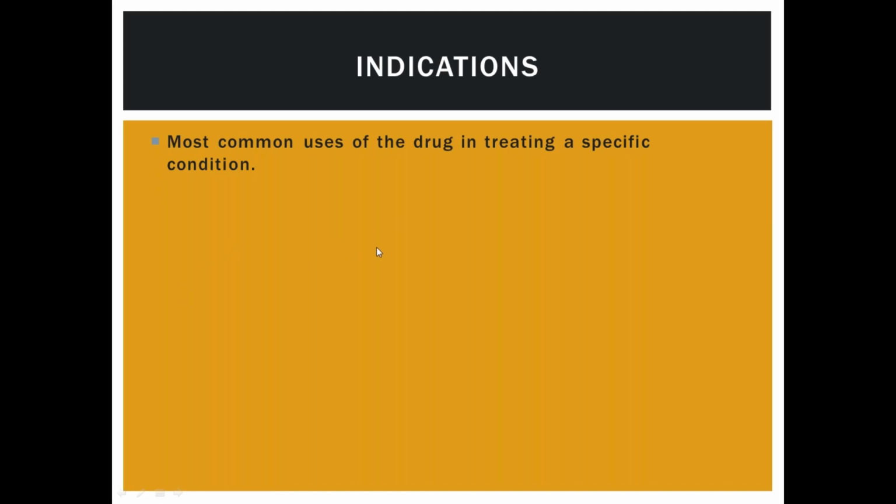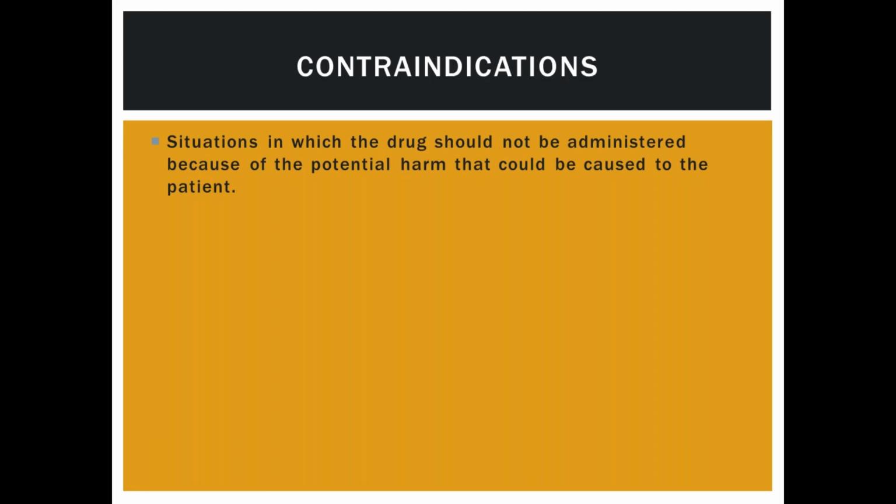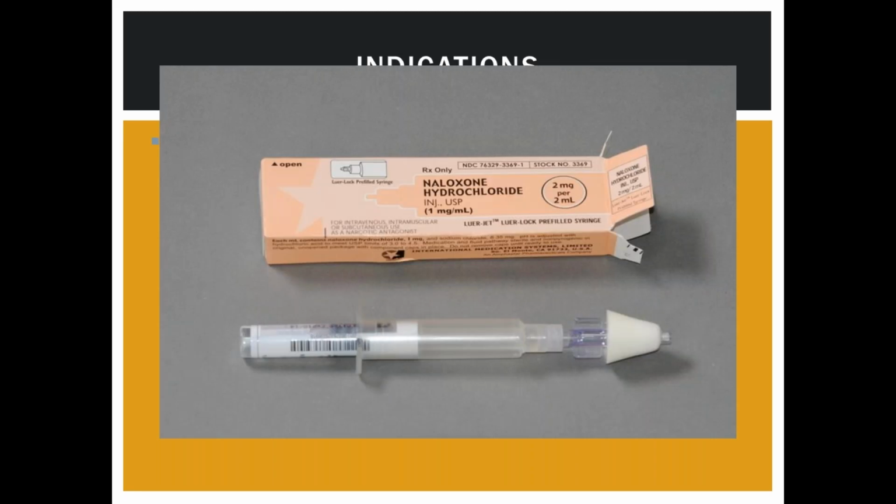Our indications, the definition of that is it's going to be the most common use of that drug in treating a specific procedure. So when we're looking at the indication of Narcan, we talked about this already, but this should trigger you to think of Narcan. I'm going to use this for an indication of an opioid-related overdose with respiratory depression.